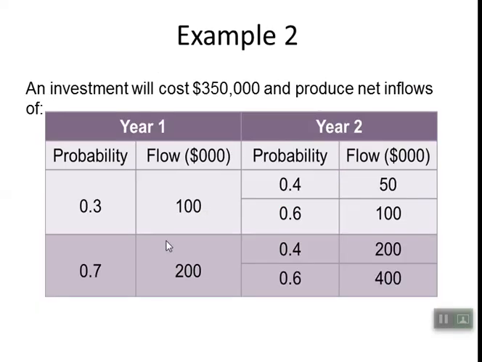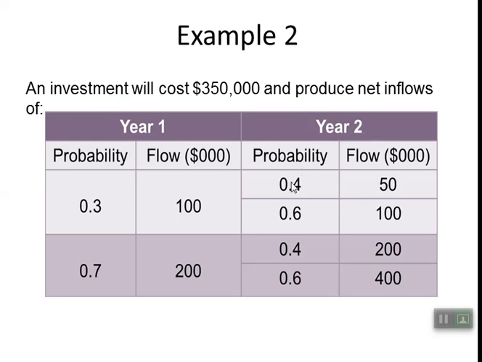So let's look at this other example. Still we are looking at incorporating risks, but this one is a bit different because it has 2 periods. Now we have an investment cost which is 350 and produces net inflows. Year 1, this is the probability of your cash flows. It can be 0.3, can be 0.7. If the probability is 0.3, this is the cash flow. And if it is 0.7, this is the cash flow.